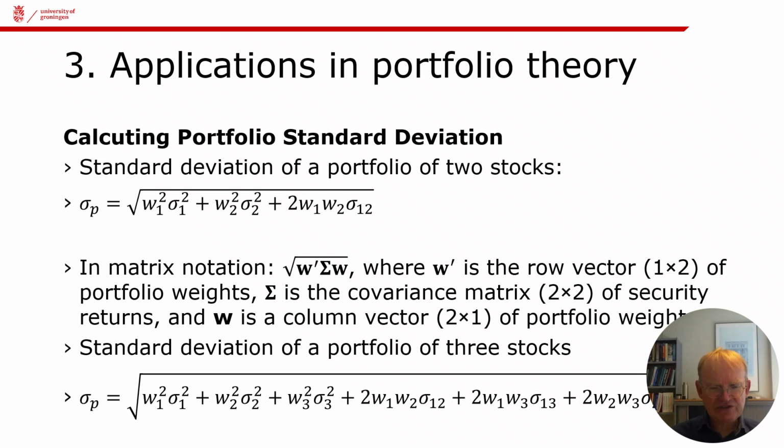But now you will see that with 3 securities, my normal linear algebra notation becomes already a bit tedious. So I have 3 times this weight squared times variance thing going on, and you have 3 times a covariance term. And yeah, that already becomes a bit more tedious.